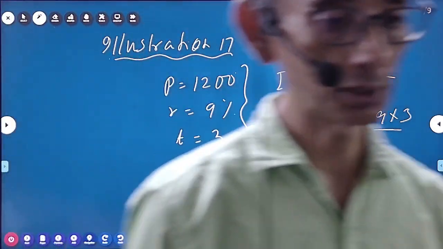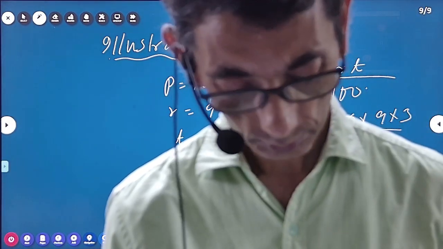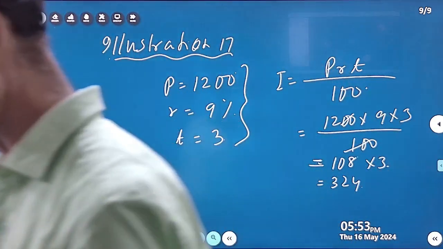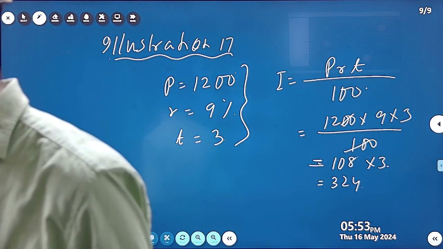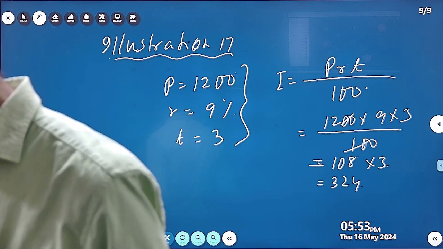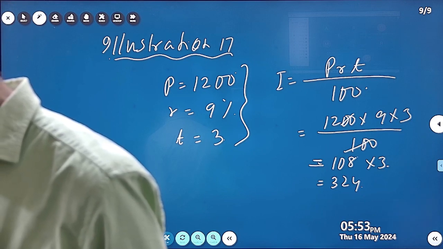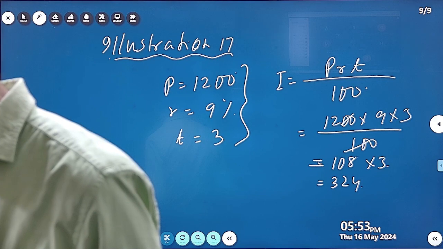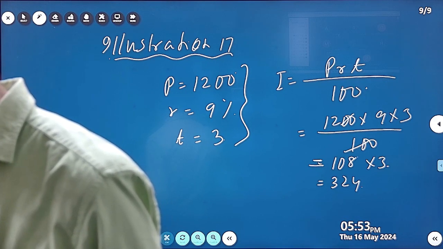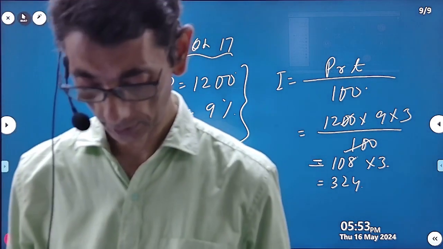Done with our previous question? Right. Future value of an annuity. Along with this, annuity is also there, then compound interest is there. Write future value of an annuity.